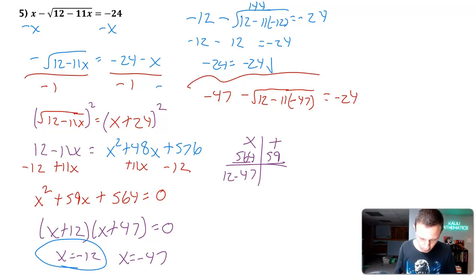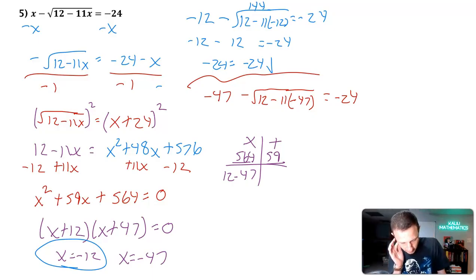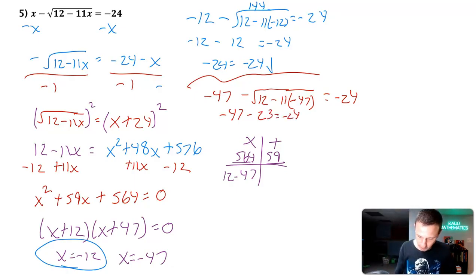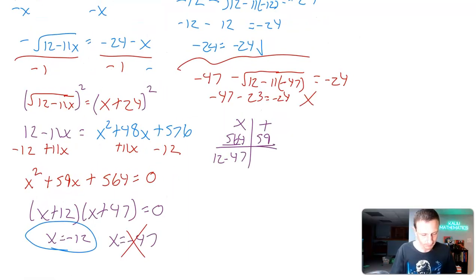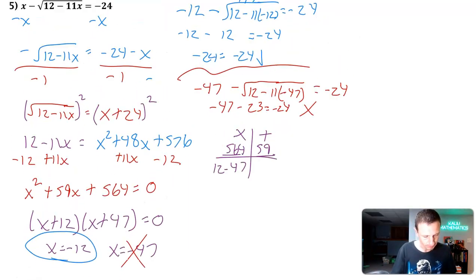Let's see. 12 minus 11 times negative 47, the square root of that number is 23. So I have negative 47 minus 23 equals negative 24. Negative 47 minus 23, definitely not going to work. It doesn't work. Negative 70 equals negative 24? No. So negative 47 is not a solution. Interesting problem there. Good one.